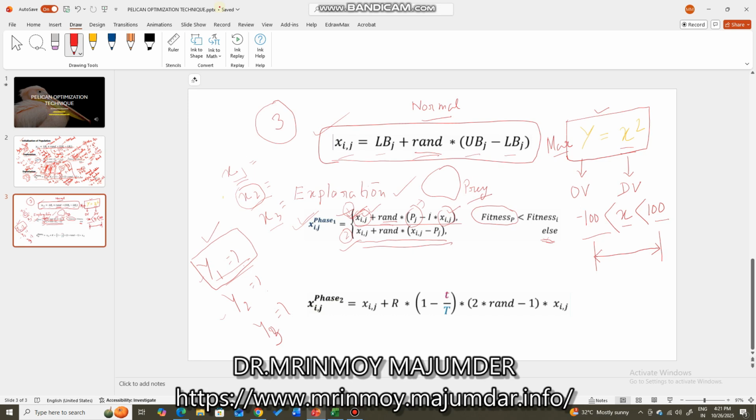Now exploration, in the exploration phase, what will happen? You will find either the same 3 values of x, or within the 3 one is a new value of x and the other 2 are the same, or 2 values of x are new and the third one is the same, and so on, based on this check. Okay, this is the check.